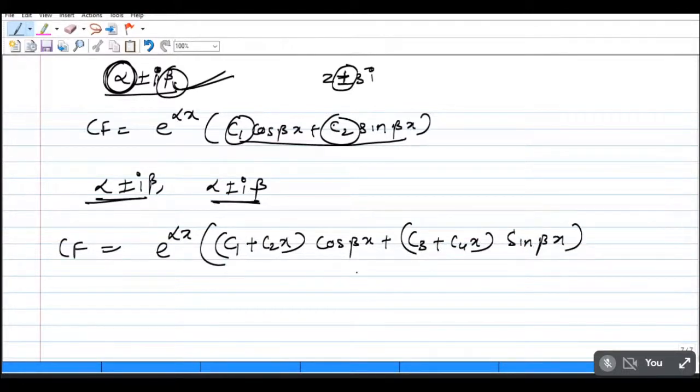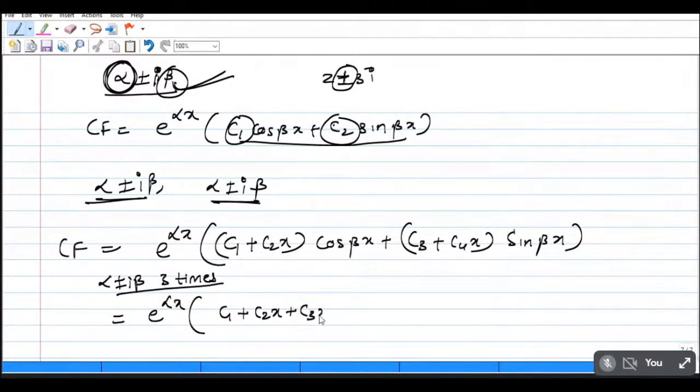Is it clear? Suppose it is repeated 3 times, then how can we write the complementary function? E power alpha x into C1 plus C2x plus C3x square into cos beta x plus C4 plus C5x plus C6x square into sin beta x.